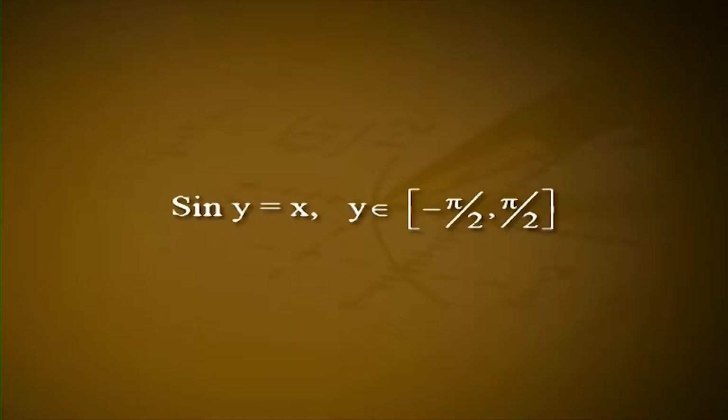Hence, the inverse of the sine function can be defined as sin inverse x is equal to y, x belongs to the closed interval minus 1 to 1. It is equivalent to say that sin y is equal to x, y belongs to the closed interval minus pi by 2 to pi by 2. Similarly, the inverse of the cosine function can be defined as cos inverse x is equal to y, x belongs to the closed interval minus 1 to 1.